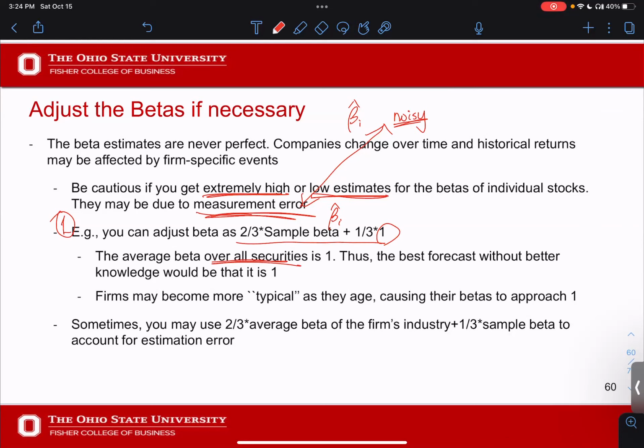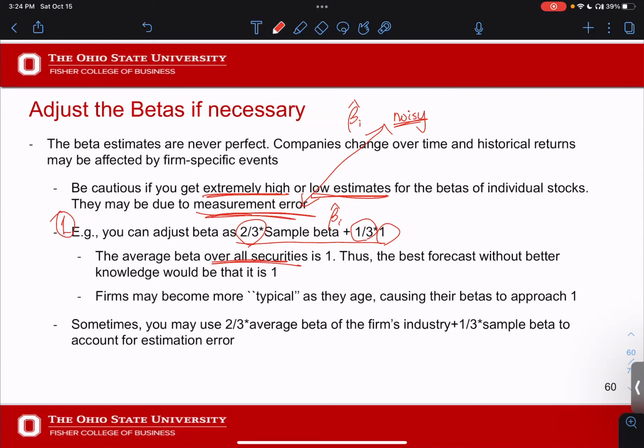And using the market beta as a benchmark, if you take a weighted average between your estimated beta and the market benchmark, it might decrease your measurement error, hypothetically, because it's based on the assumption that you trust that the market is a good benchmark.